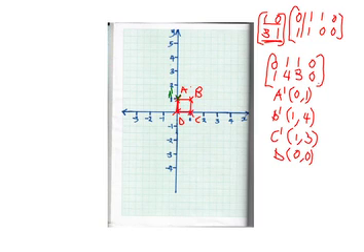Now we go to B prime, which moves to 1, 4. And C prime, which moves to 1, 3. And lastly D prime, which remains at the origin. So if we join these points, we'll be able to get the image of the unit square.